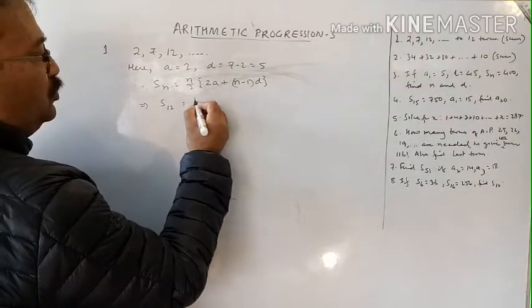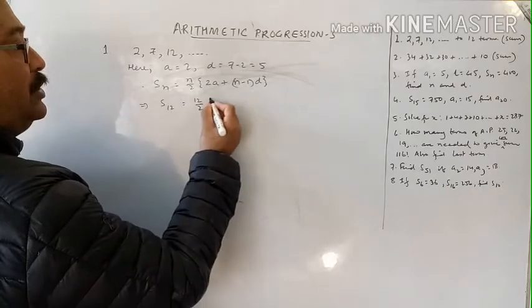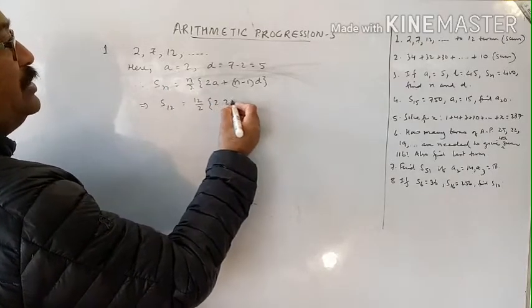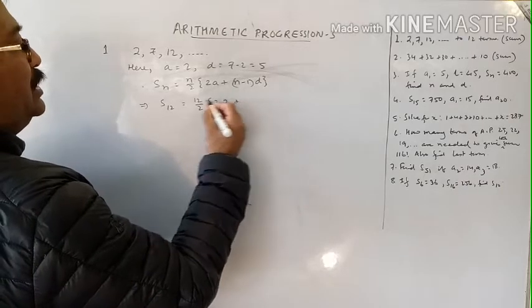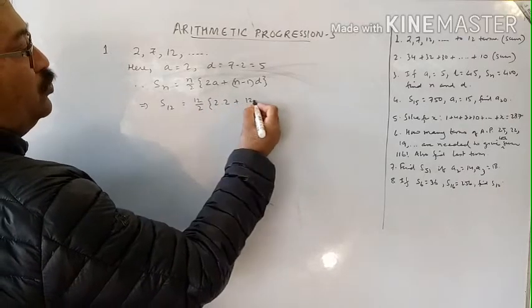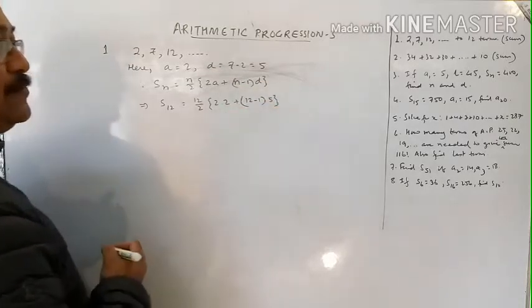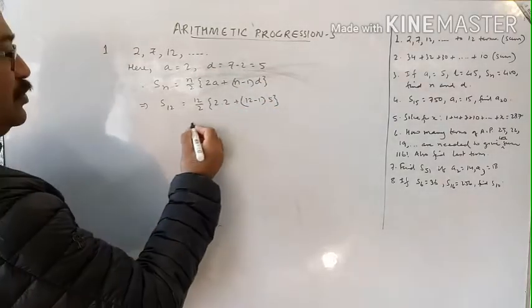So it is 12 by 2 into 2 into a, which is 2 here, plus n, which is 12, minus 1, and the value of d is 5. This will give you the sum of 12 terms.